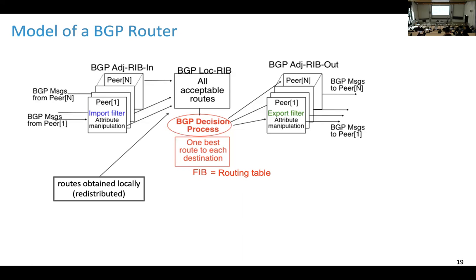We will see how it does the decision. After that, it will write them to the FIB, which is the routing table, the forwarding information base. Then this router should advertise, should announce its decision to its peers. So this router only advertises the best route that it has decided, per destination.